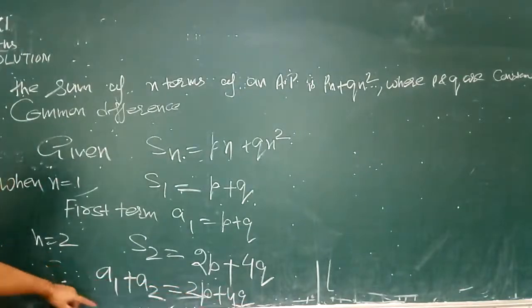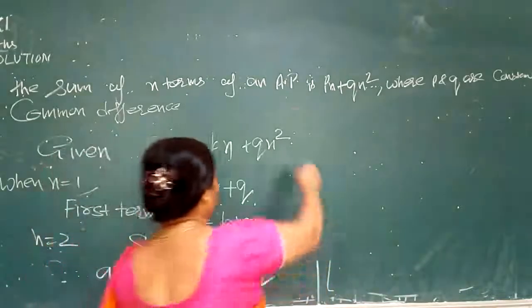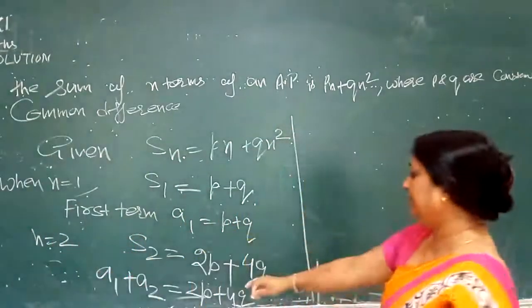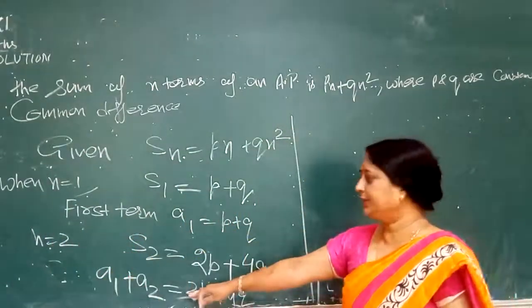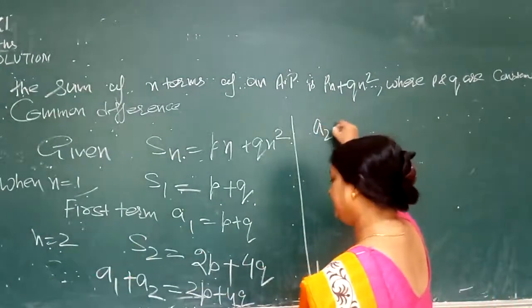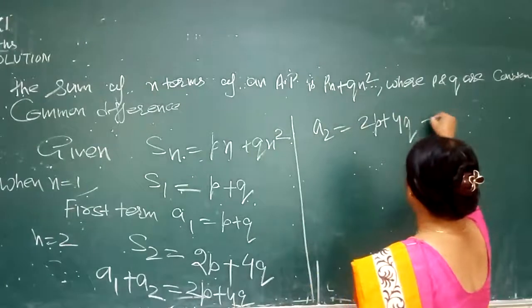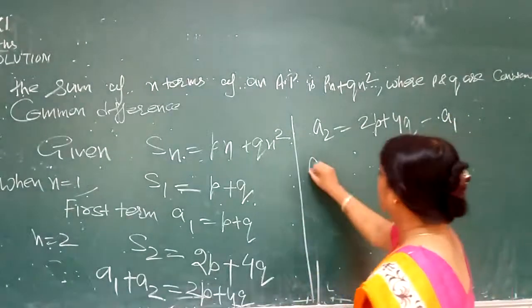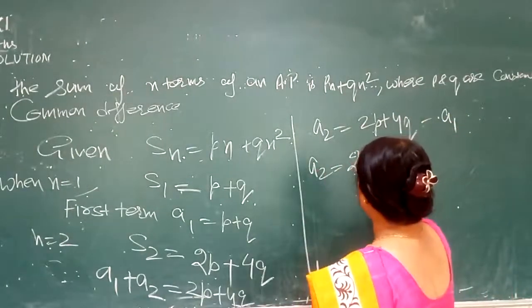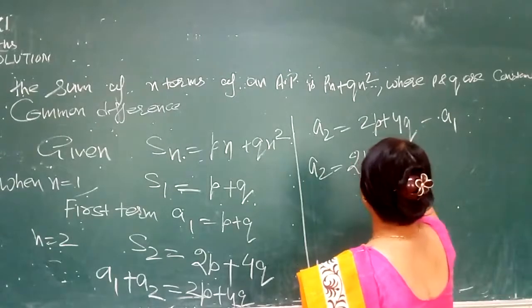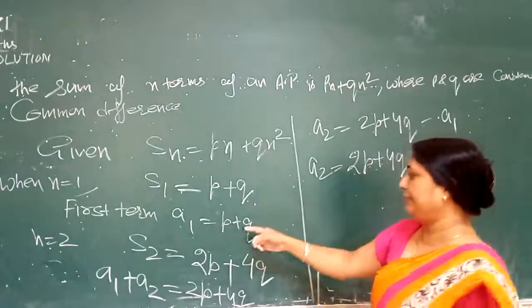So after this, from A1 plus A2, we can find the value of A2 here. Now A2 will come 2P plus 4Q minus A1. What is the value of A1 here?